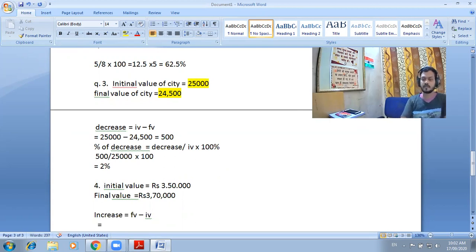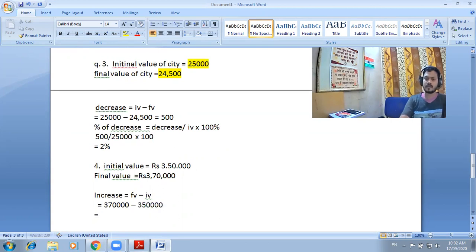So final value 3,70,000 minus 3,50,000 equals, after subtraction, 20,000 rupees.